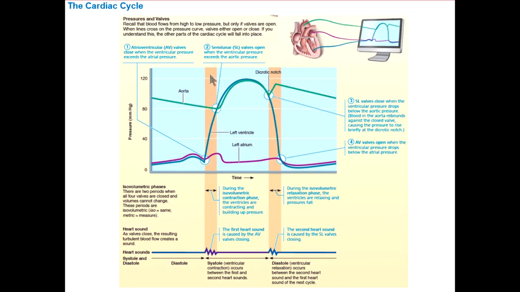And we can see these periods of time represented by these beige colored lines right here. They represent the isovolumetric time. So this is isovolumetric contraction right here. This is isovolumetric relaxation in through here when all the valves are closed.